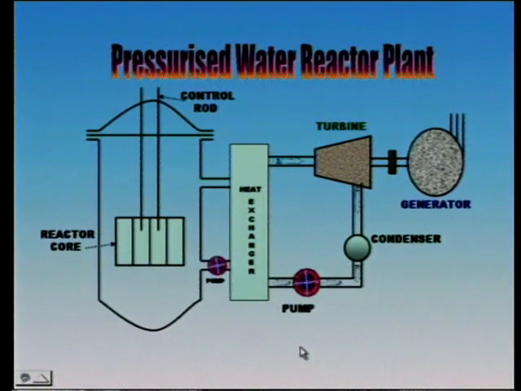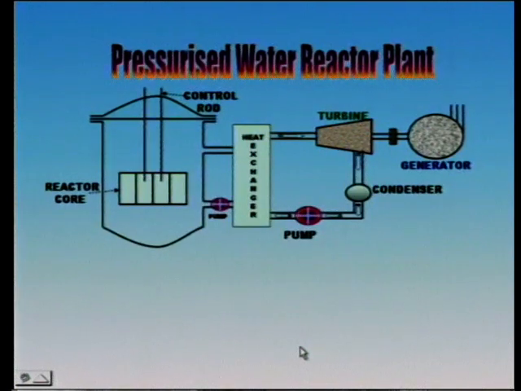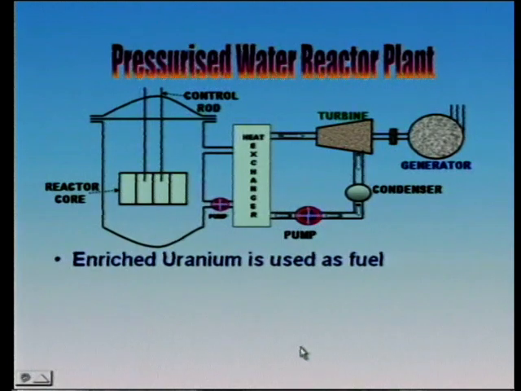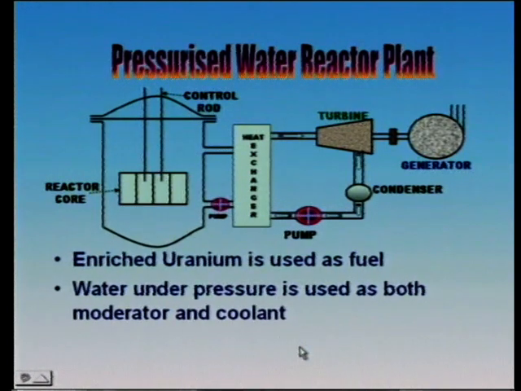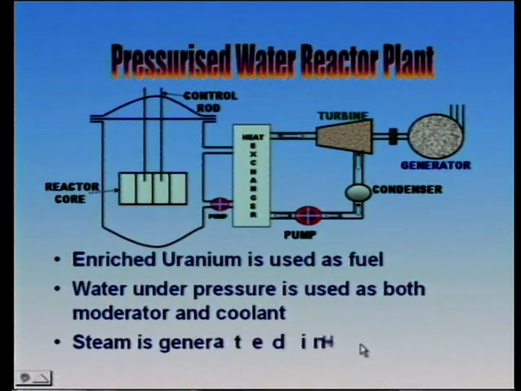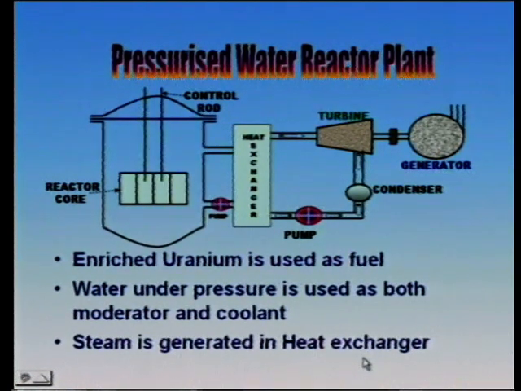Let us look at some points of pressurized water reactor plant. That is, enriched uranium is used as fuel. Water under pressure is used as both moderator and coolant. Steam is generated in heat exchanger.